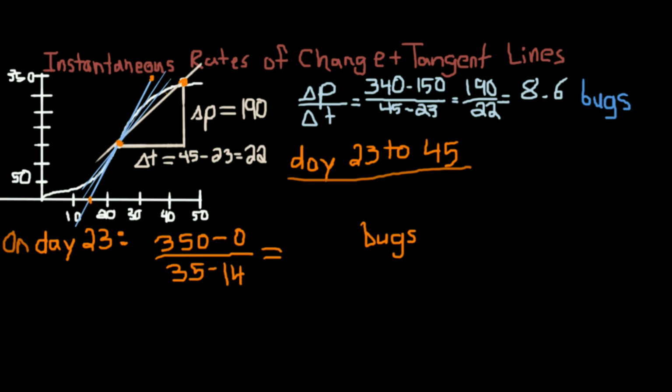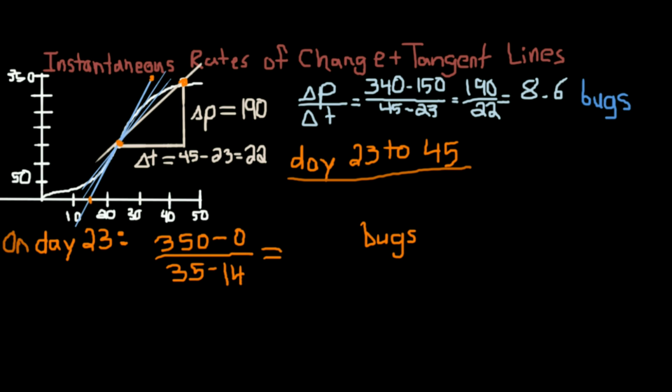It's very easy: y2 minus y1 over x2 minus x1. Here we have at day 35 there are 350 bugs. At day 14 there are 0 bugs. Oh, excuse me. We take the points where the line is, so at 14 and 0, and 35 and 350.